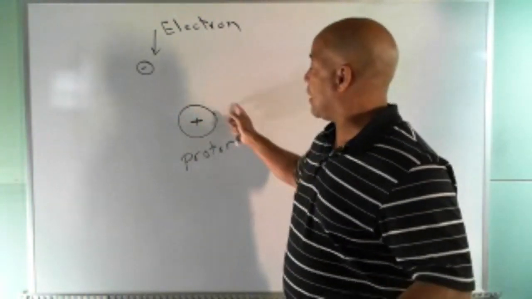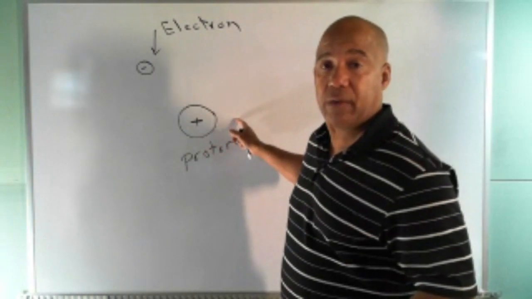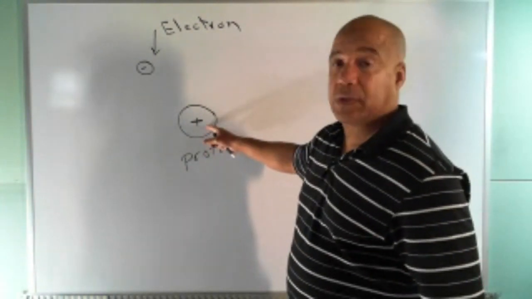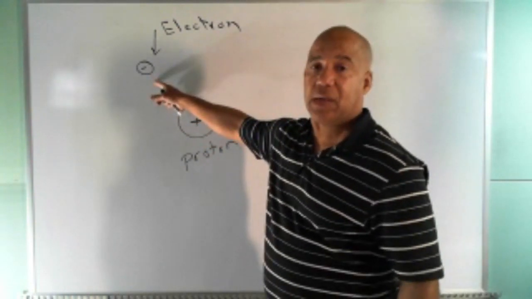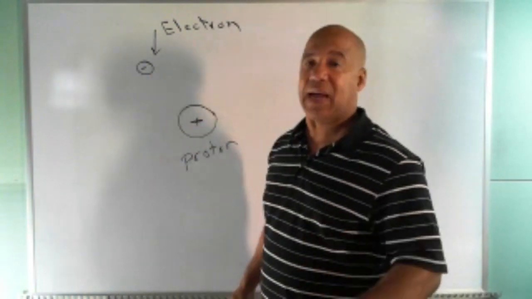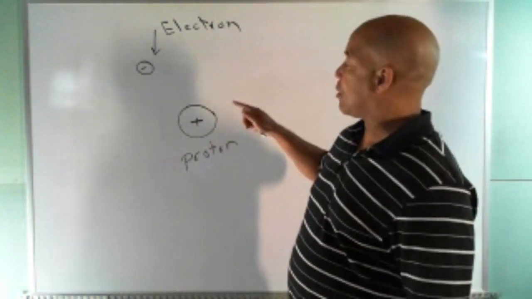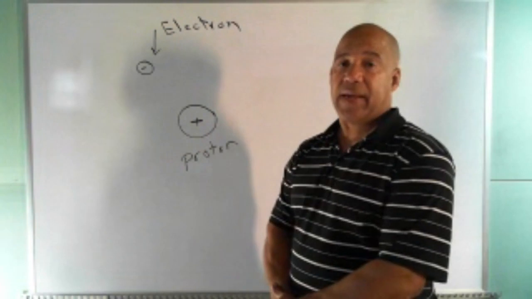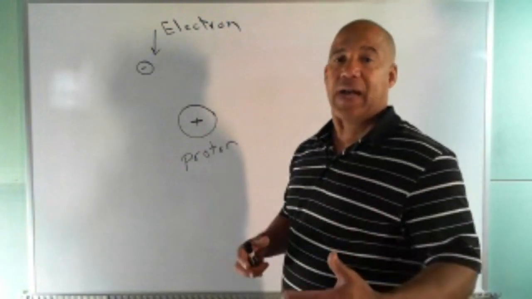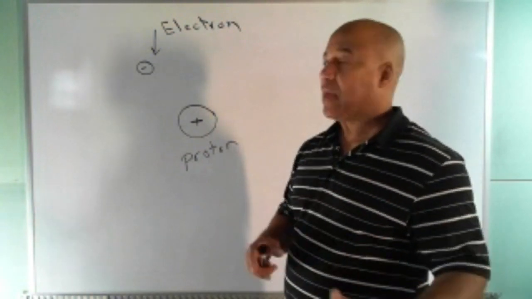So what I'm drawing as a circle is really a sphere. I have a proton as one subatomic particle, and I have an electron as the other subatomic particle. And the third subatomic particle I'm not showing. The third subatomic particle is called the neutron. And so every atom has neutrons except for hydrogen.